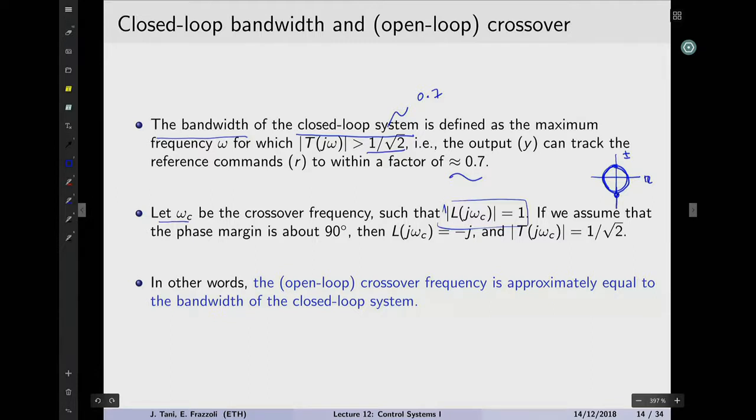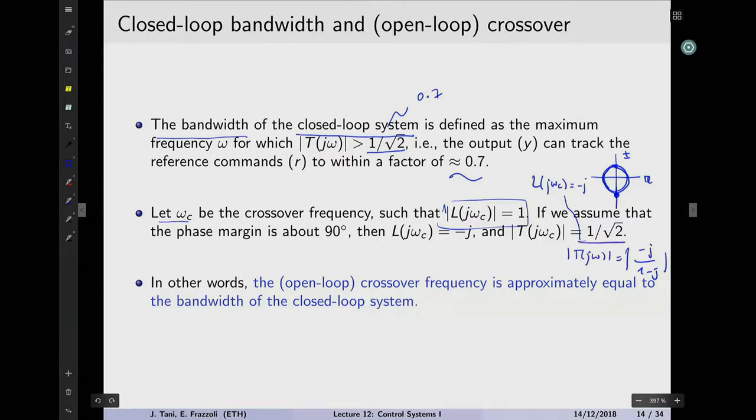So we are at this point down here. Then L of j omega c is equal to minus j. And this means that the magnitude of T of j omega, that is the magnitude of minus j over 1 minus j, is exactly 1 over root of 2.